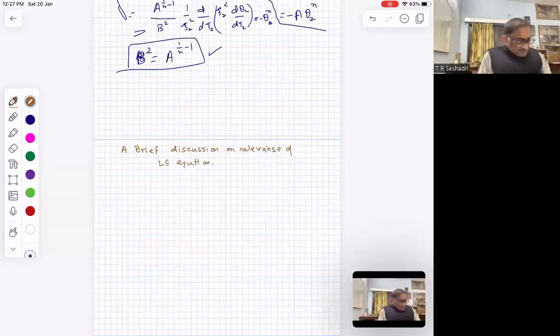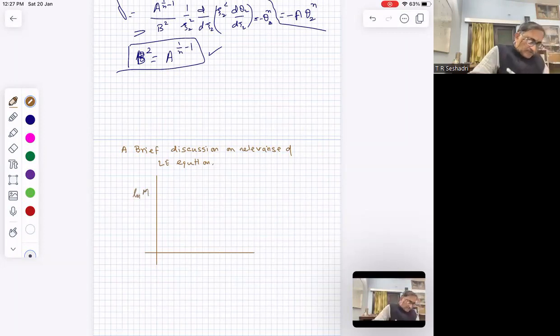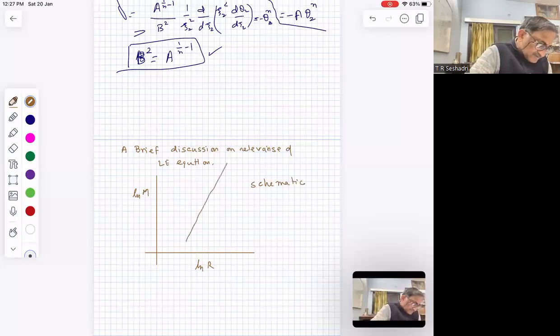Okay. Now, suppose I have plotted mass on a log scale and radius on a log scale. Now, for stars, it is just a schematic diagram, not exact. Stars, for example, suppose this is the way the line is.